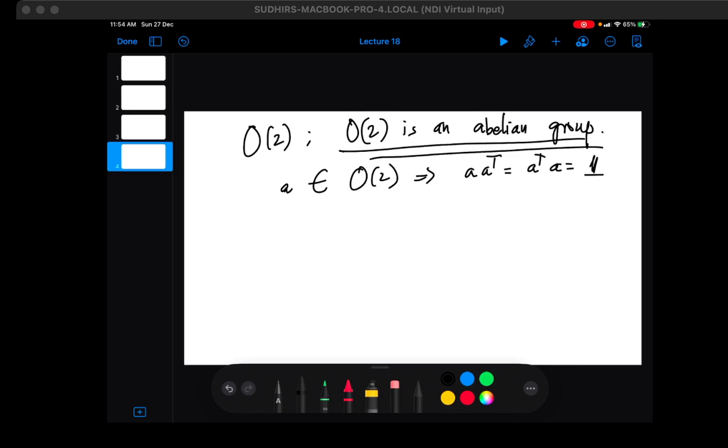Instead of a dagger, since it's not a complex group but a real group, you will have a transpose. That's the reason why it is different compared to the SU2 group, the complex group in 2 dimensions, which has more generators compared to O2. O2 has only one generator. We'll see it in a second.